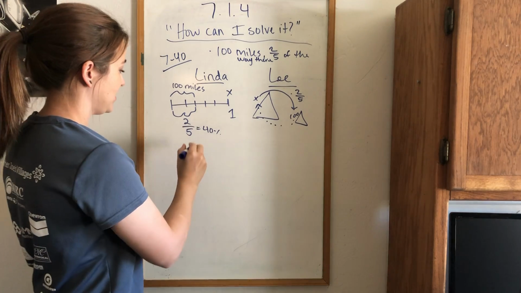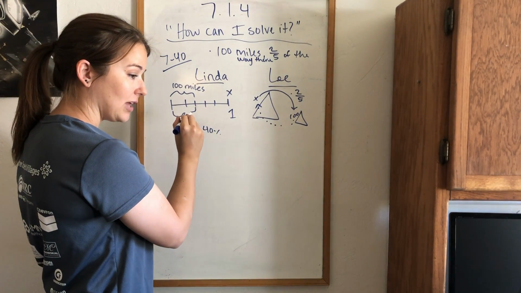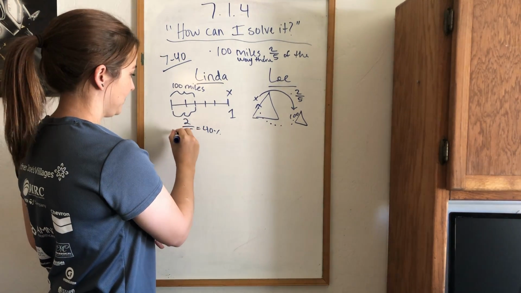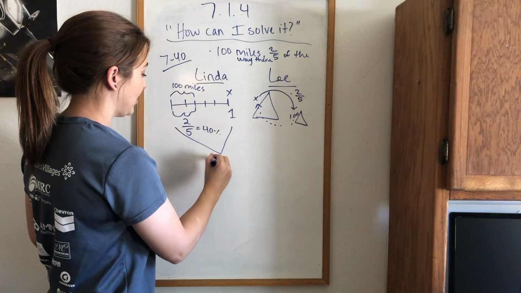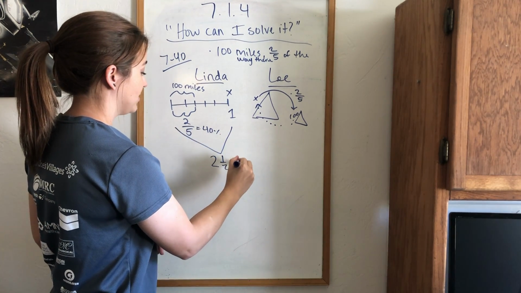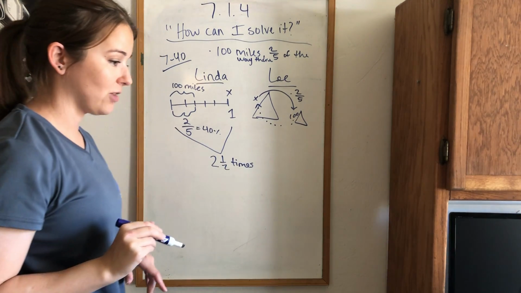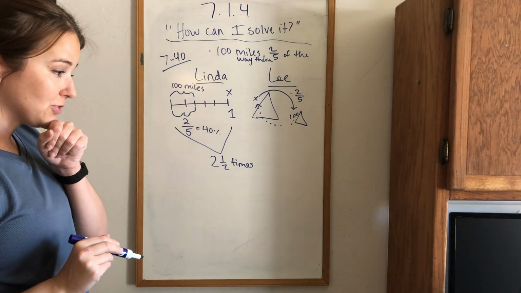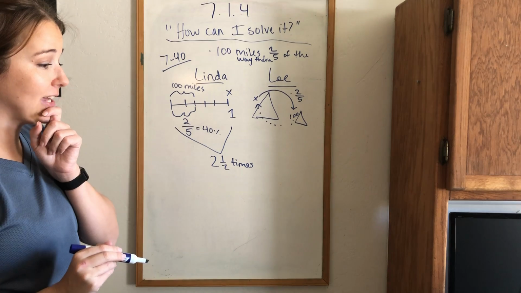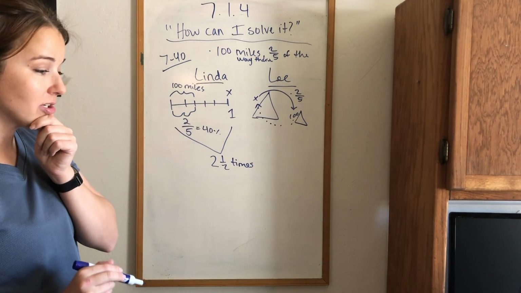So think about that. She said the total distance is 2.5 times what they've already traveled. So do we agree, and how can we add labels to her diagram to show this?